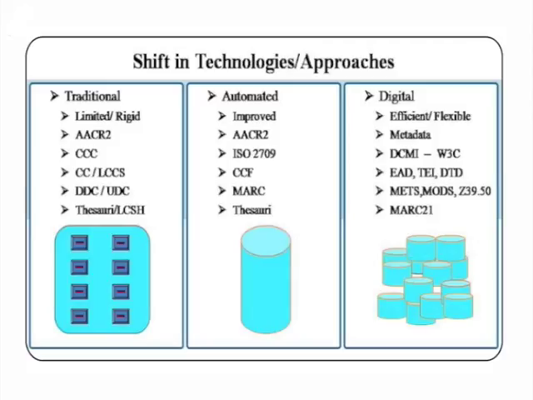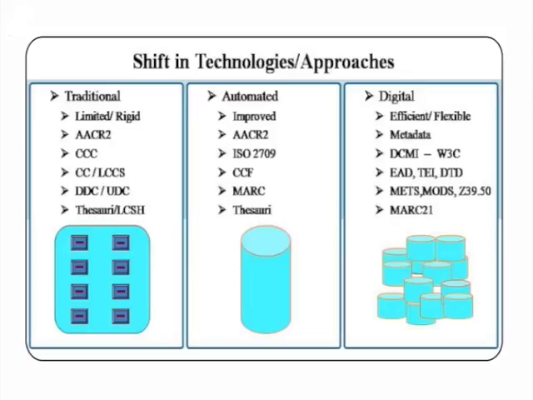Like ISO 2709 came when it shifted from traditional to automated libraries. AACR2 came, CCF and MARC 21 for the bibliographical record. And when it is coming into digital, we talk about more standardized forms of collections where data exchange is also possible.